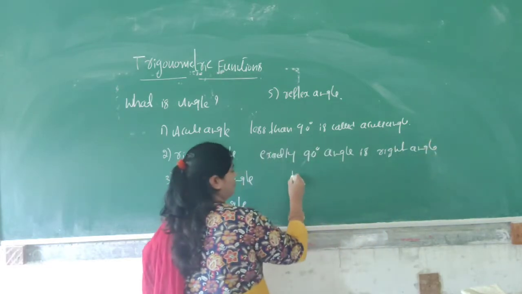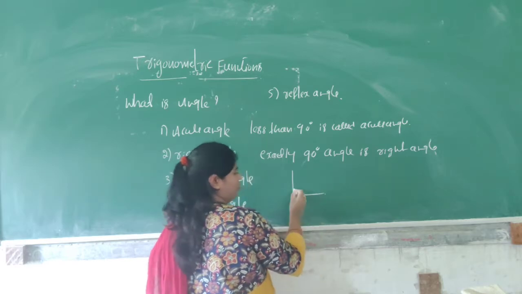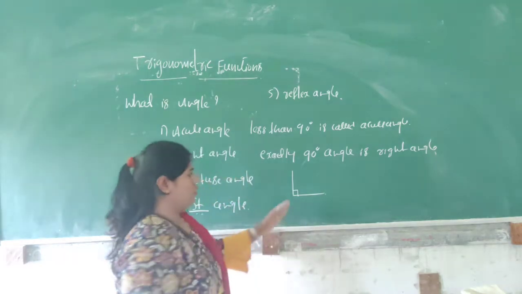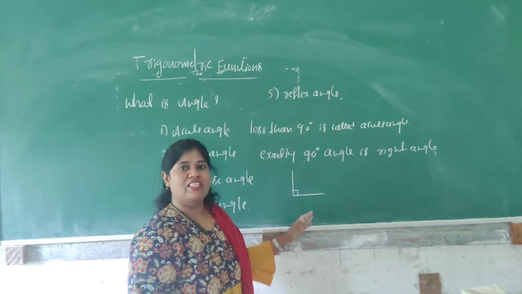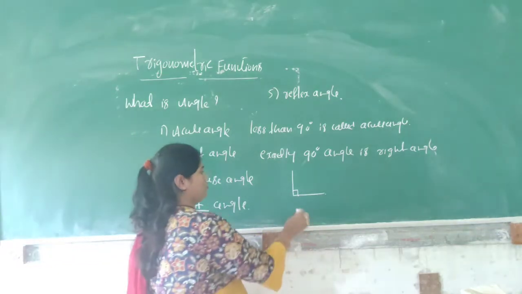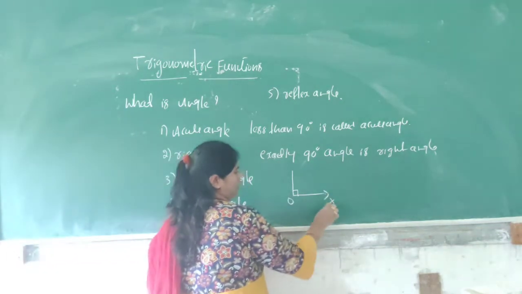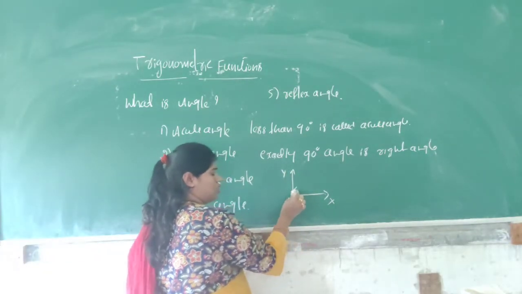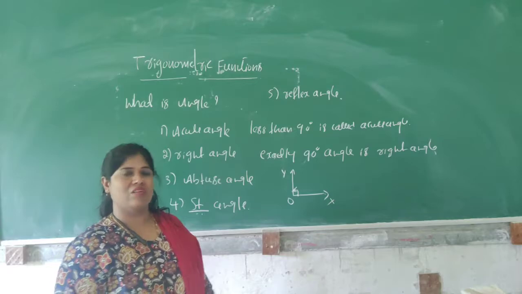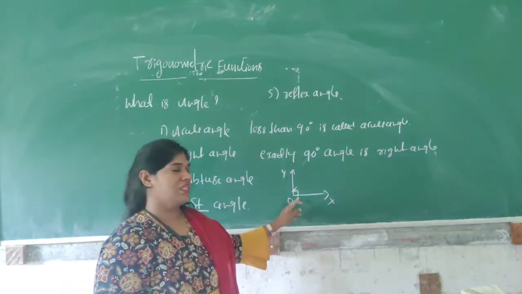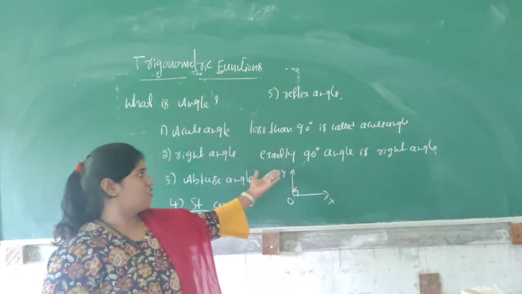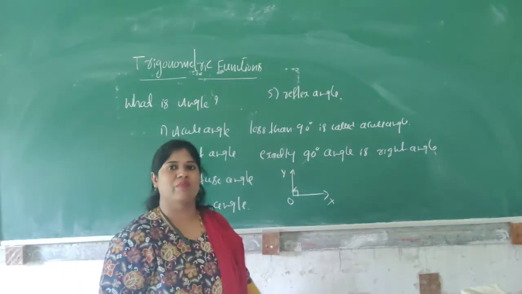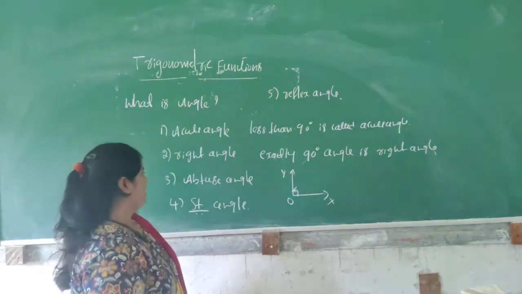You know the right angle diagram? This one measures exactly 90 degree. This is O, X, Y. The amount of rotation towards anti-clockwise direction is 90 degree, because it measures exactly 90 degree.